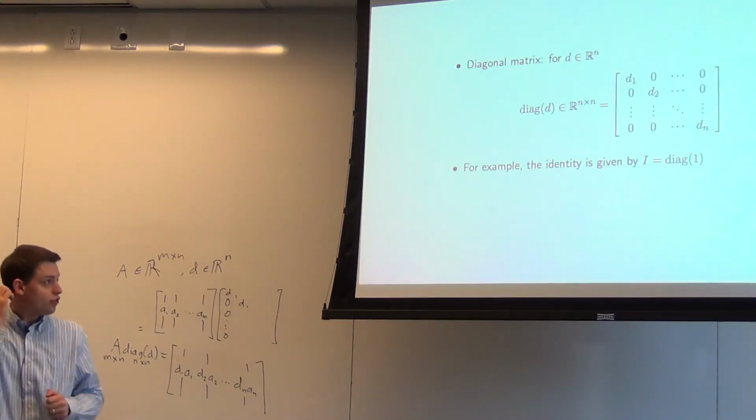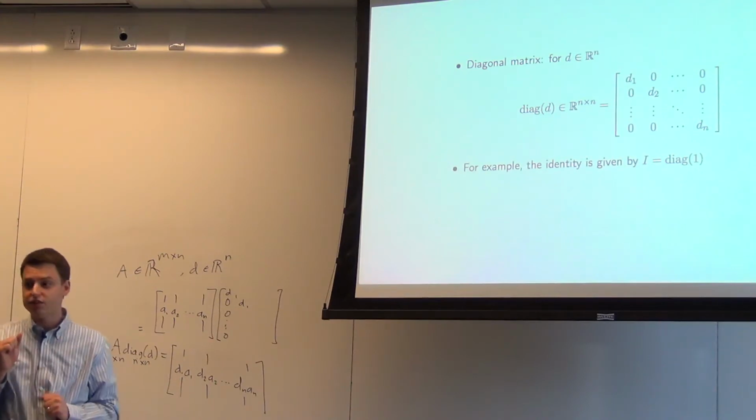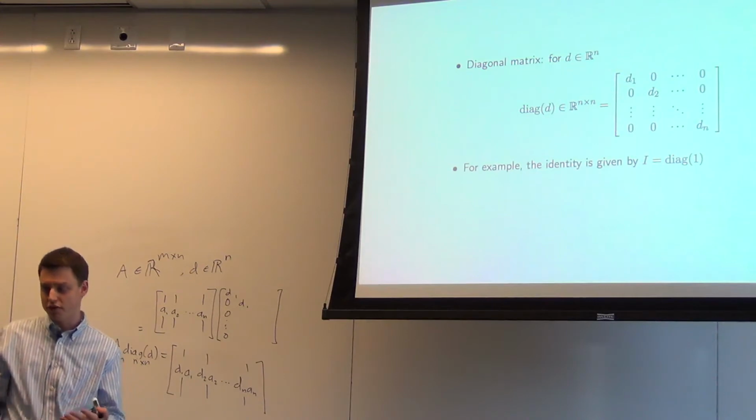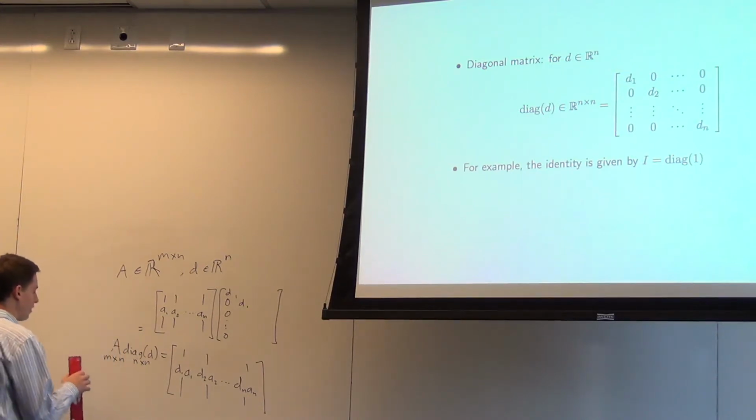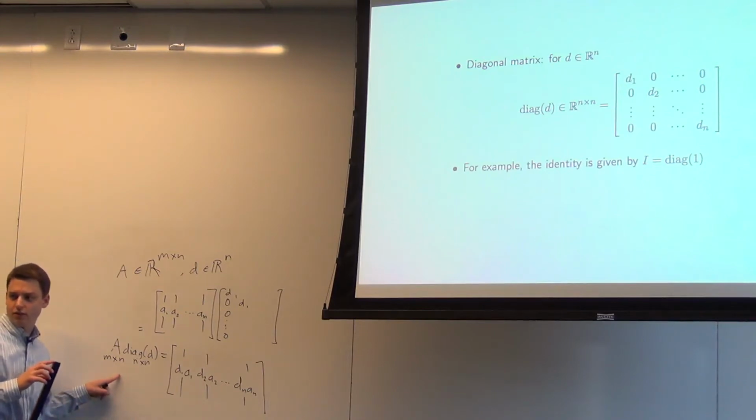Another really nice use for diagonal matrices is doing things like getting element-wise squares of a vector. So I'm going to give you a vector here. Does everyone have this written down? Okay.